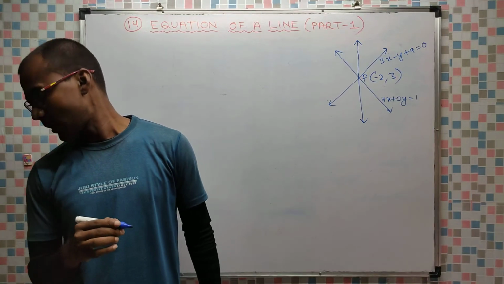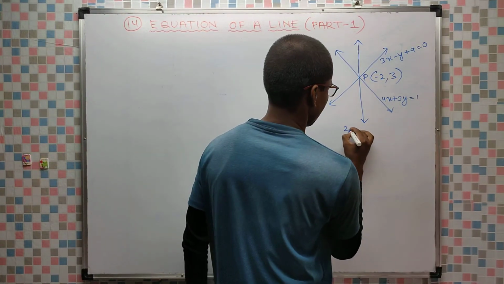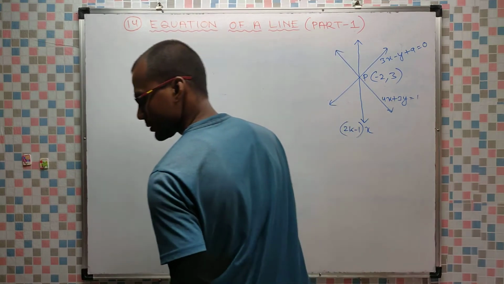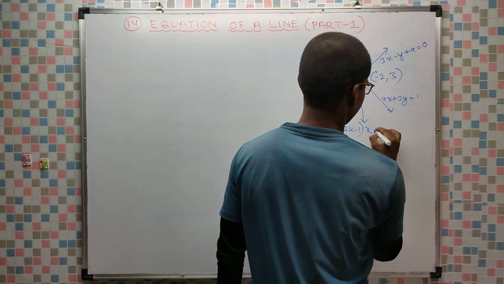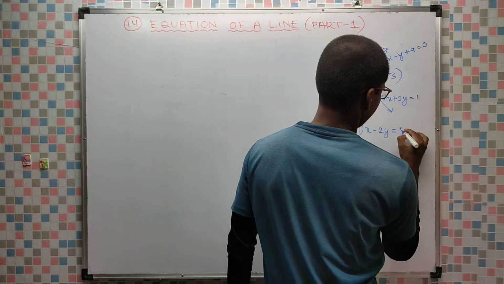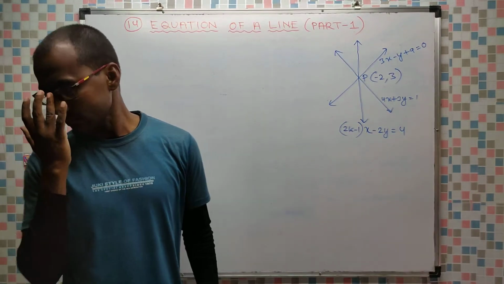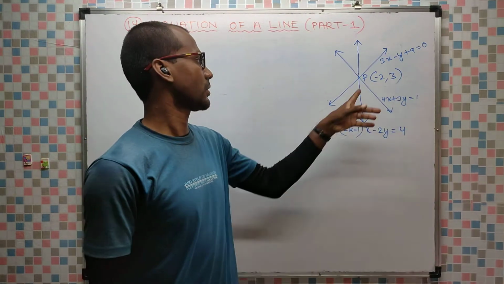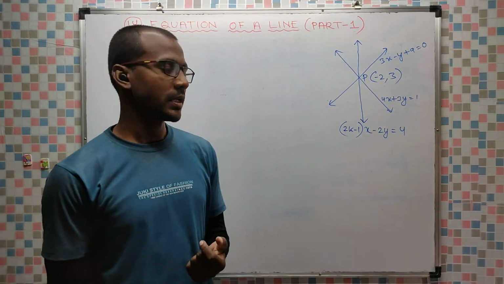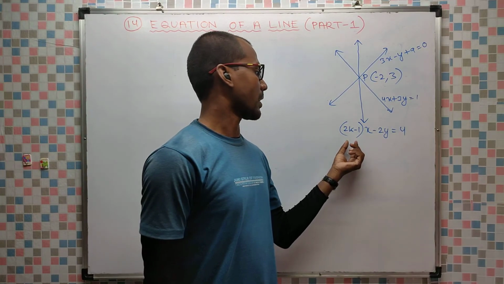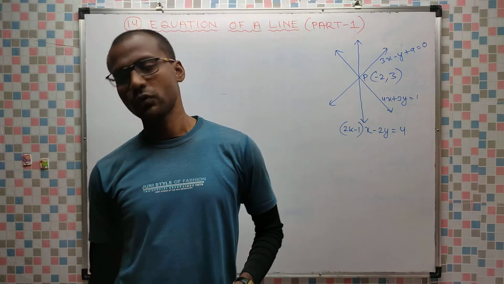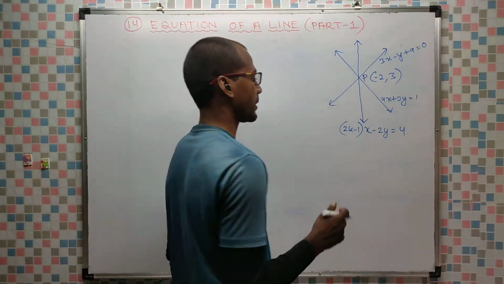Its equation is given: (2k minus 1) whole into x minus 2y is equal to 4. So there is another line passing through the point P, and we have been asked to find the value of k here. k we have to find.